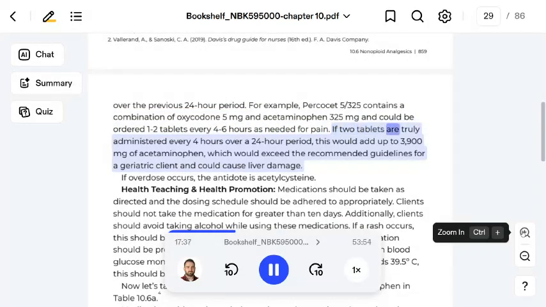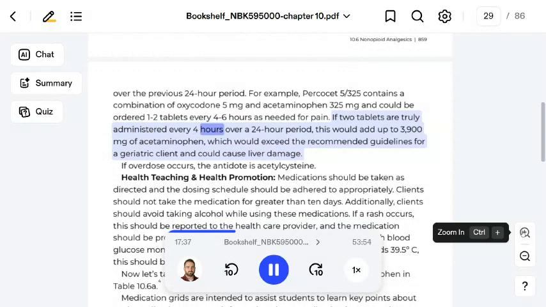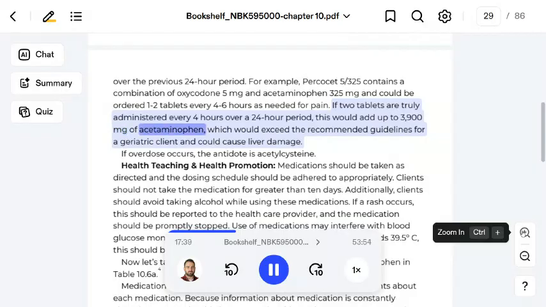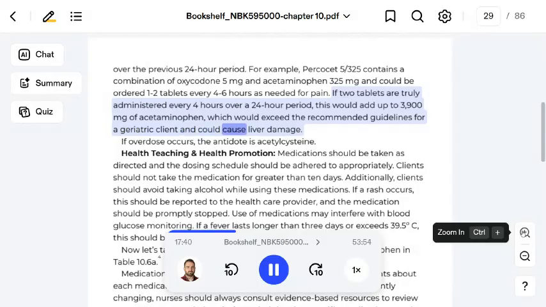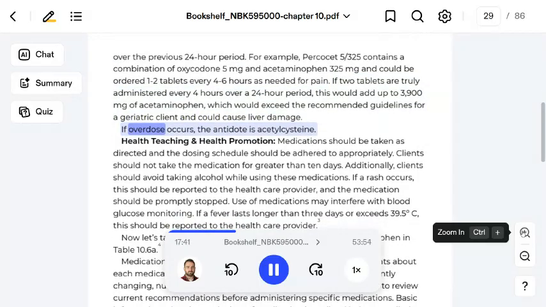If 2 tablets are truly administered every 4 hours over a 24-hour period, this would add up to 3,900 mg of acetaminophen, which would exceed the recommended guidelines for a geriatric client and could cause liver damage. If overdose occurs, the antidote is acetylcysteine.